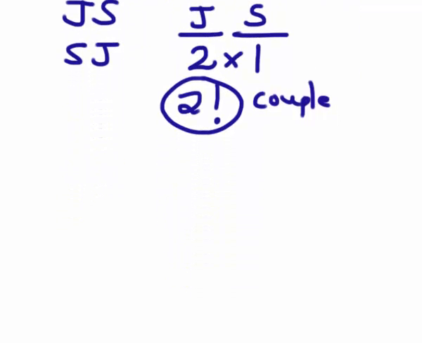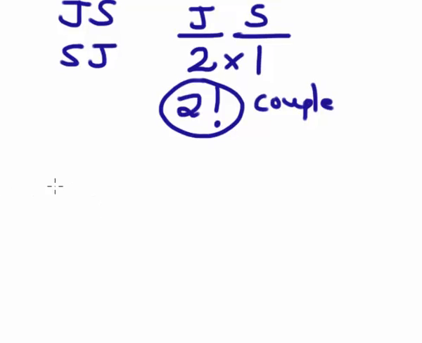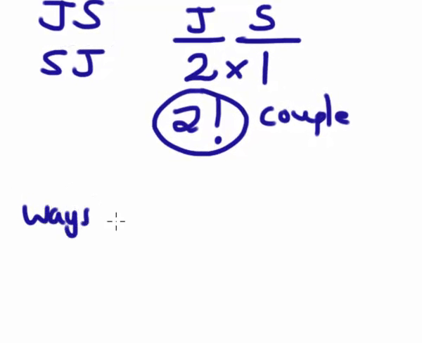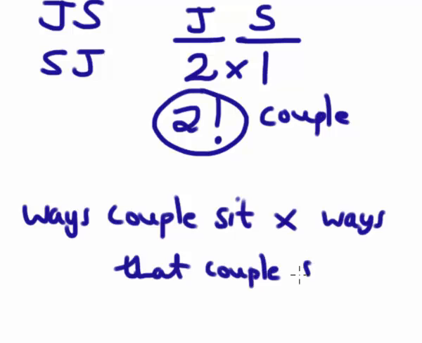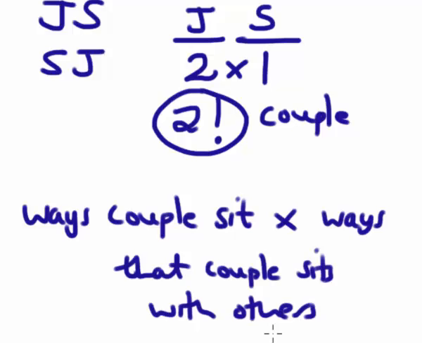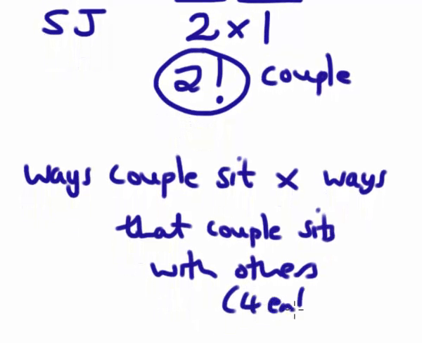Okay, so in total, how many possible ways would there be? In total would be the ways that the couple sit together, multiplied by the ways that the couple sits with the others. In other words, those are the four entities.